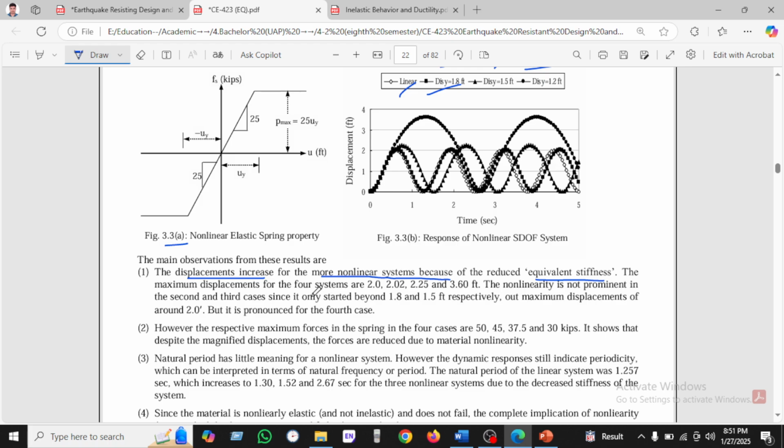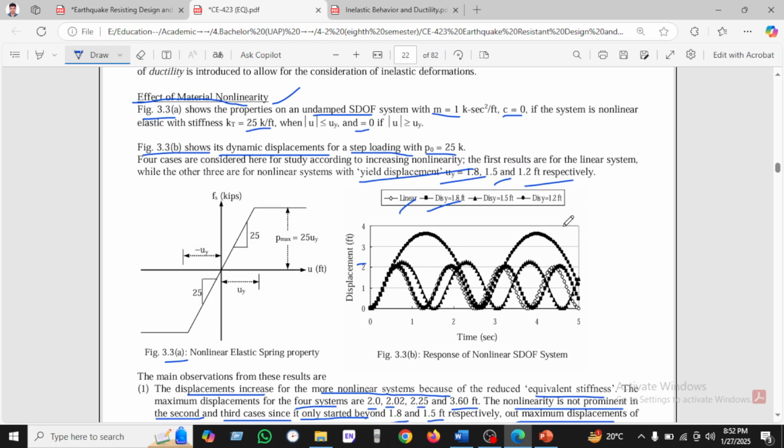The maximum displacements for the systems are 2.2, 2.5 and 6.5, and nonlinearity is prominent in the second and third cases, as yielding only started at 1.8 and 1.5 feet respectively. So you can see a maximum displacement of around 2 feet, but it is more pronounced in the fourth case.